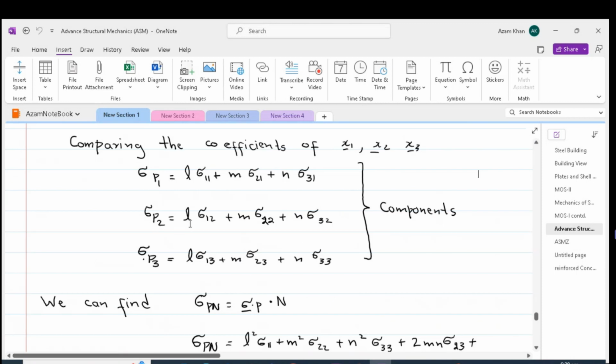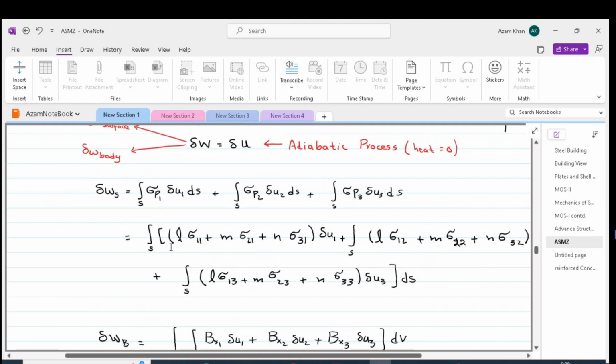Sigma p2 is L sigma 12 plus m sigma 22 plus n sigma 32, and sigma p3 is equal to L sigma 13 plus m sigma 23 plus n sigma 33. Plugging these values, we get an integral expression for the work of the surface forces.